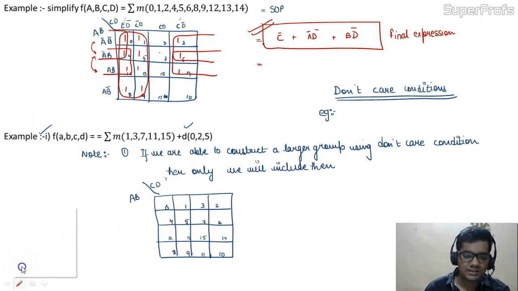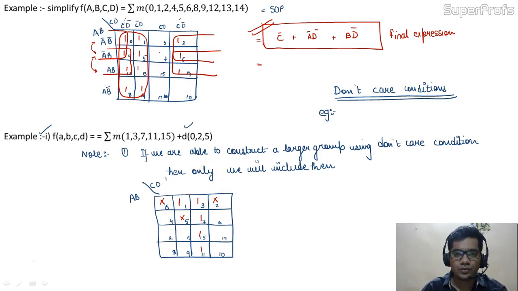So the minterms given are 1, 3, 7, 11 and 15, and the don't care conditions are 0, 2 and 5. Now we would like to go for the largest group in the Kmap. The largest groups possible are quads, because there is no formation of an octet or the complete group.